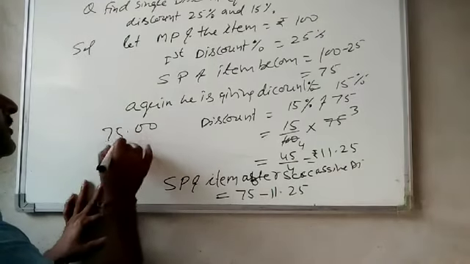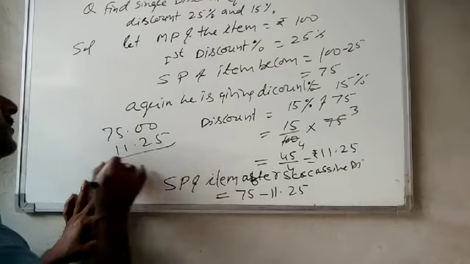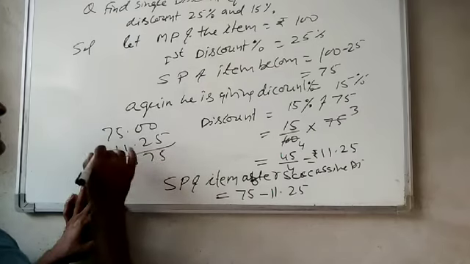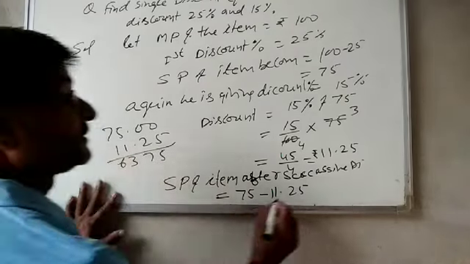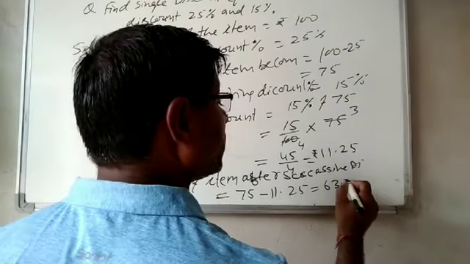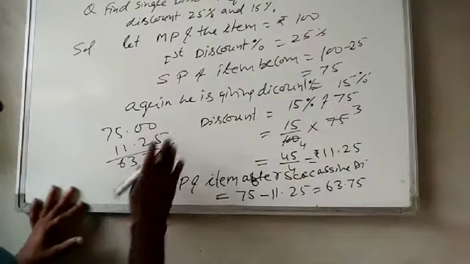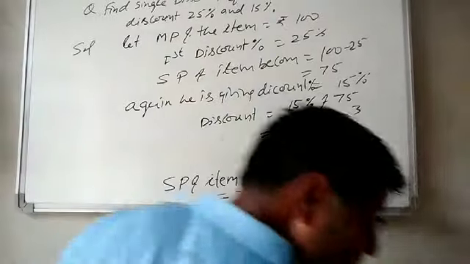Subtracting 11.25 from 75, you get 63.75.